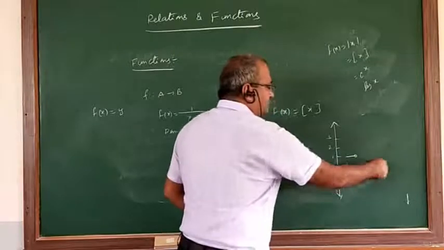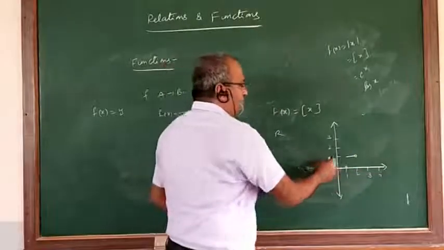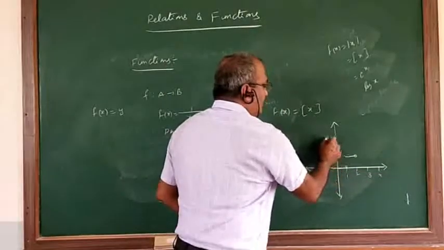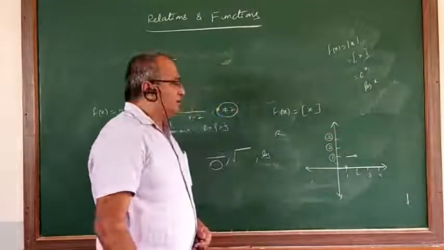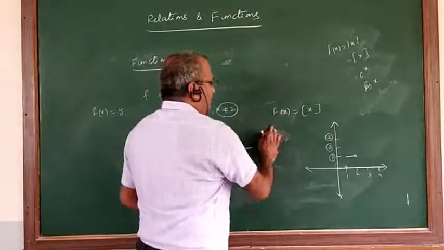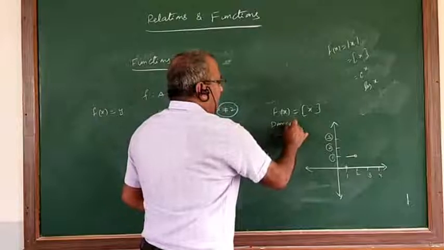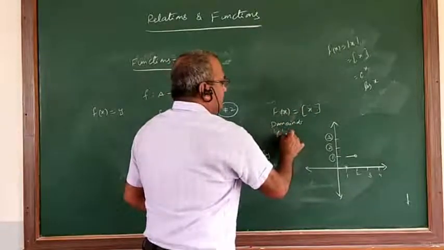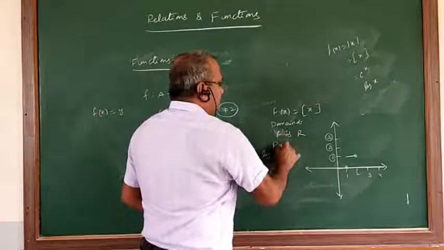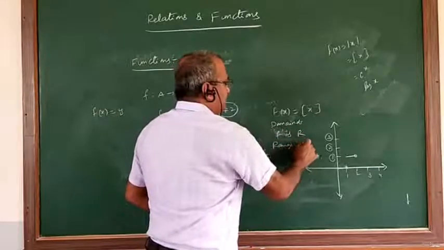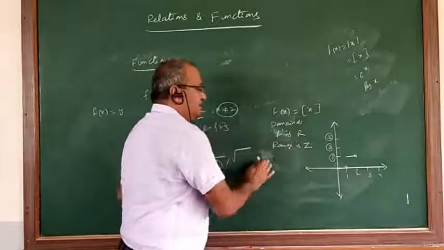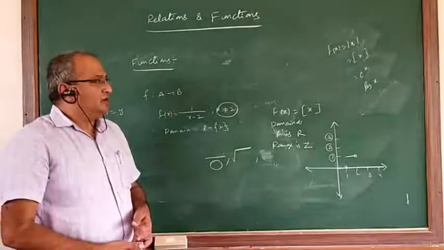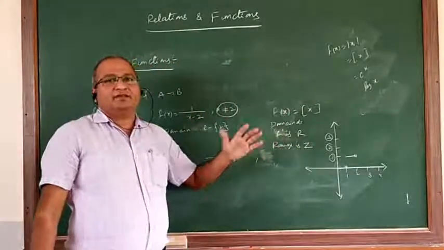So x takes all values, but when it comes to y values, only integral values will come. So that's why the domain of f is R and the range is Z. Like that we can discuss many problems later.